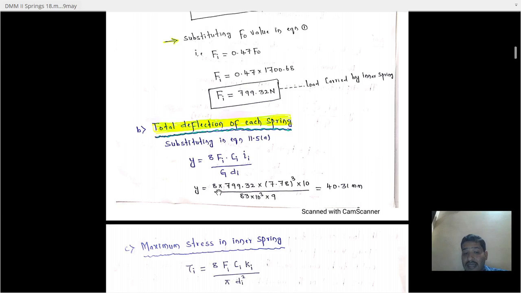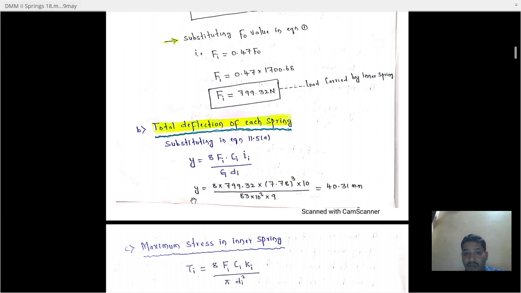So 8 as it is. Fi we got how much? 799.32, the load carried by the inner of the spring. Into Ci, the spring index of the inner spring. Ci is already given. How much is given here? 7.78 is given.